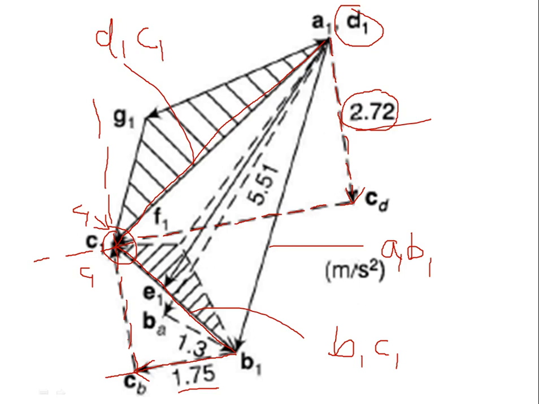So these three lines are important for us. To get these three, we have taken centripetal and tangential components. So solve this first. I'll give you 2 minutes, you can solve this.